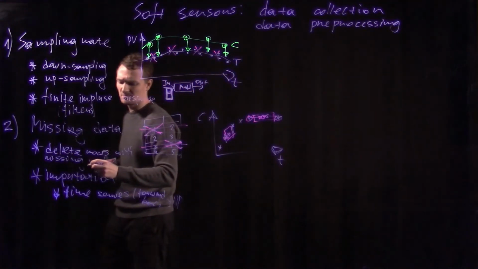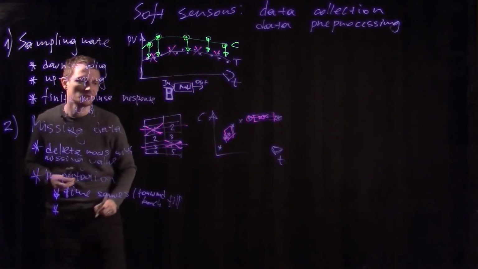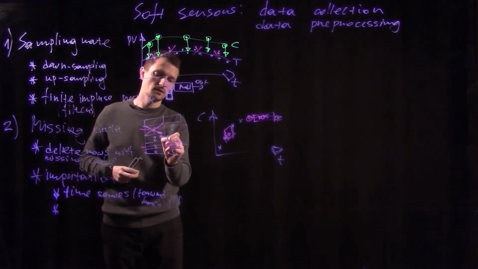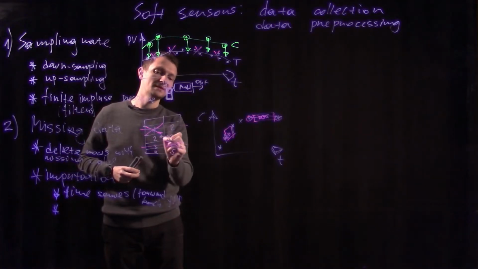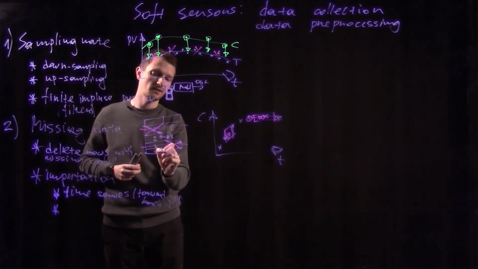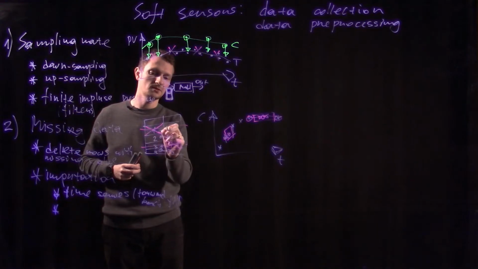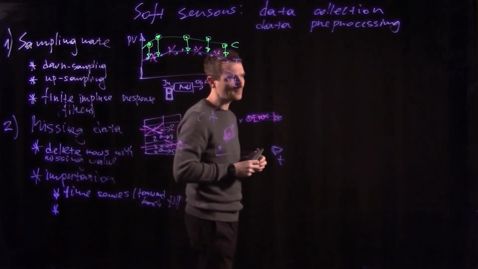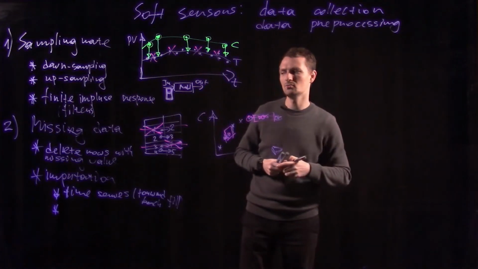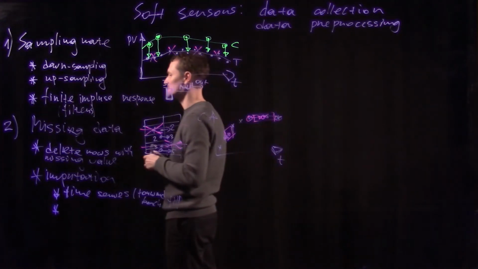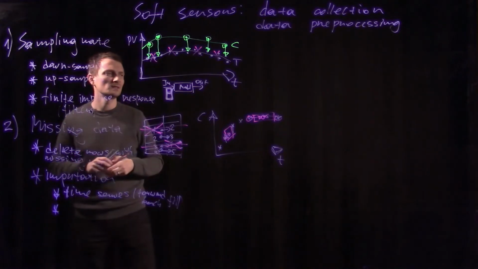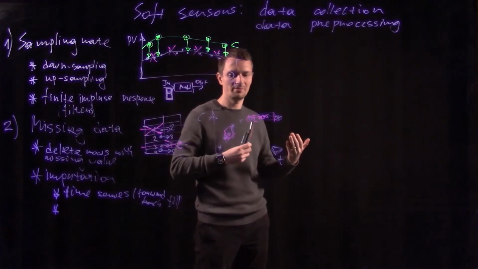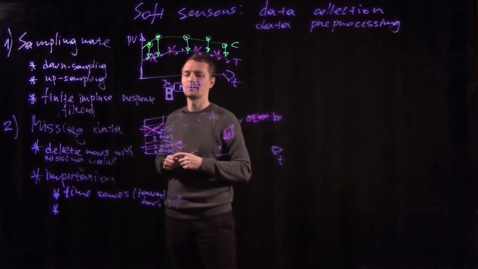There are some, let's say, statistical models. So basically you try to find the correlation between the parameters you have and apply this correlation on the data with missing values. And for that, two of the methods are most popular. First of them is so-called maximum likelihood, where you apply model-based interpolation.